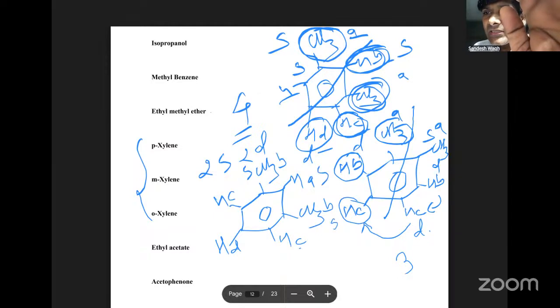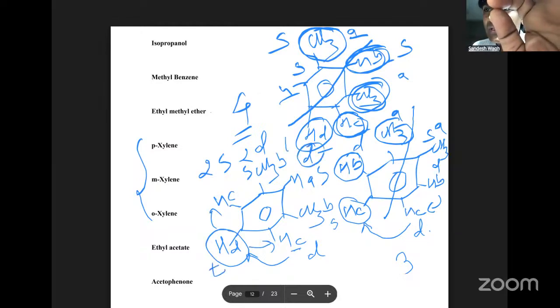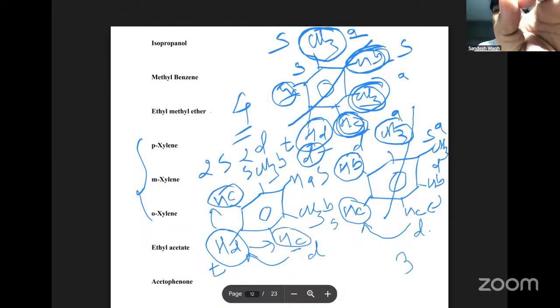Now this C is coupled with D. Okay, so I would say D. But this D is nearby 2 C's, so that was the little bit of change. So this is a triplet. I mentioned here doublet. No, this is a triplet because it is nearby 2 protons which are equivalent. So this C and C, the 2 protons. So this will be triplet. Okay, so this is a slight difference from the meta. So hope you understand this.